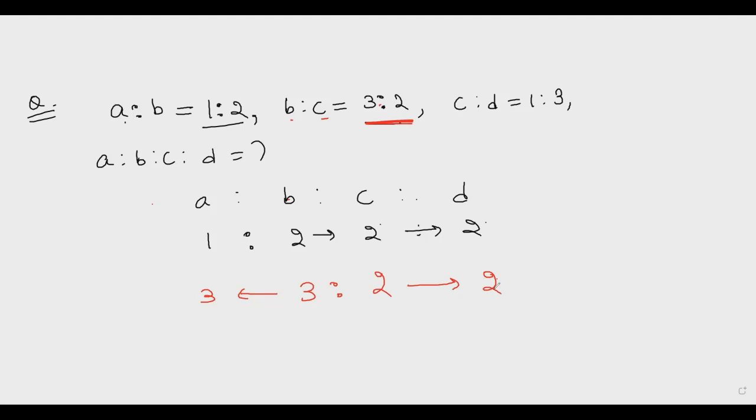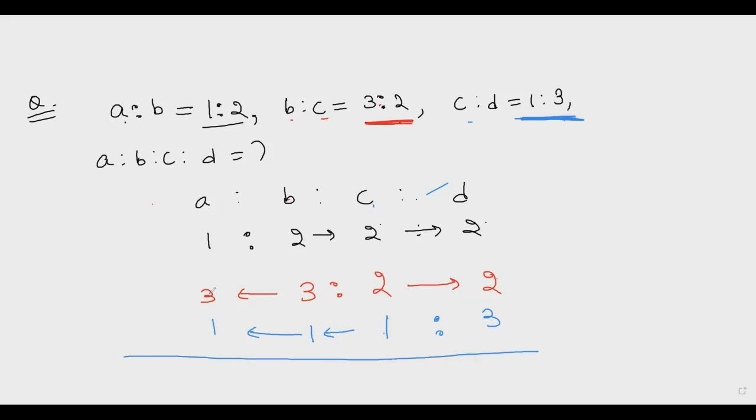No issue with that? How about the last one? 1 is to 3. So C value is 1, D value is 3. So we write down here 3. This left side is vacant, so we have to write 1 here and 1 here.